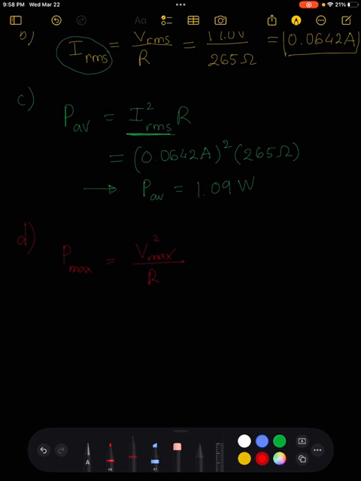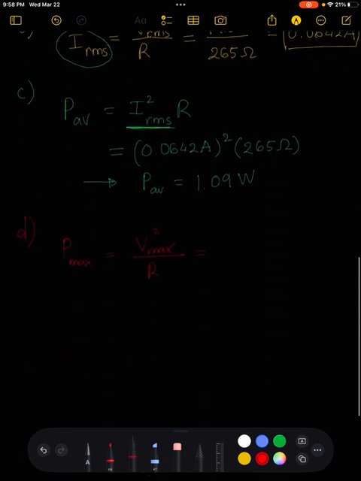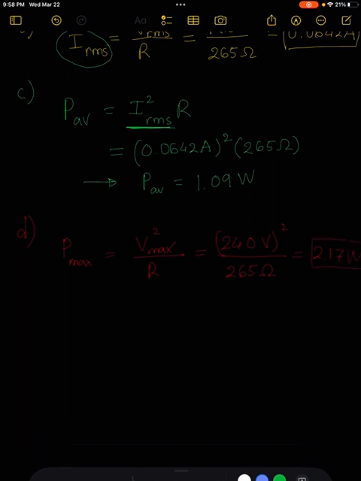And that would give us, our Vmax is what? 24.0 squared, divided by 265 ohms. That should give you 18, or 17 watts.